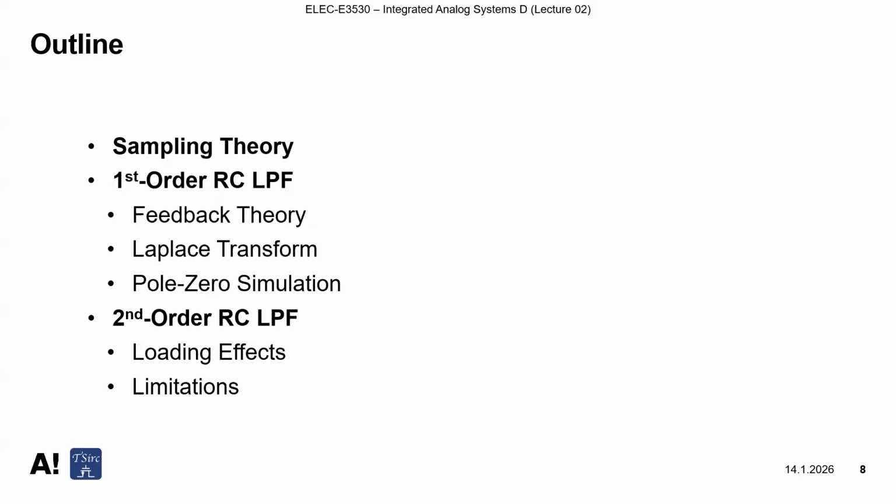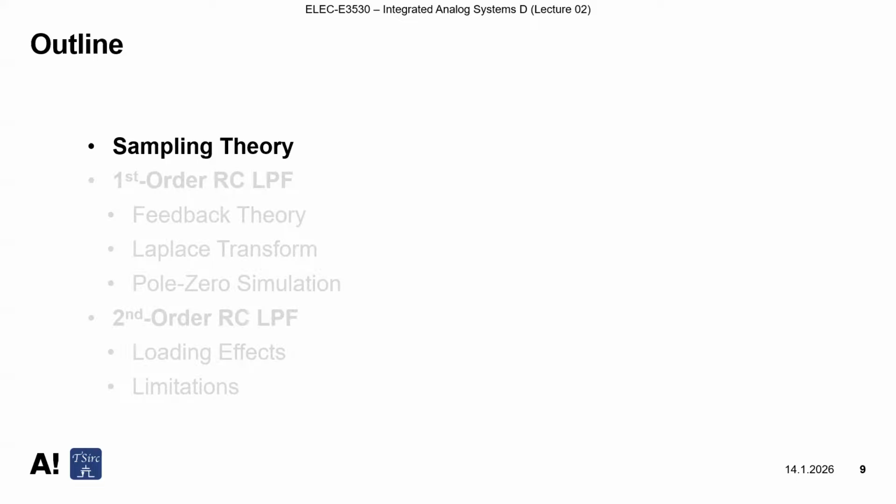They will be helpful in the next lectures to analyze and study more complicated circuits. So we will go through feedback theory, Laplace transform and pole-zero simulation. About the second-order RC low-pass filter, loading effects and limitations will be discussed. And we will go through feedback theory and Laplace transform in the next lecture for the second-order RC low-pass filter.